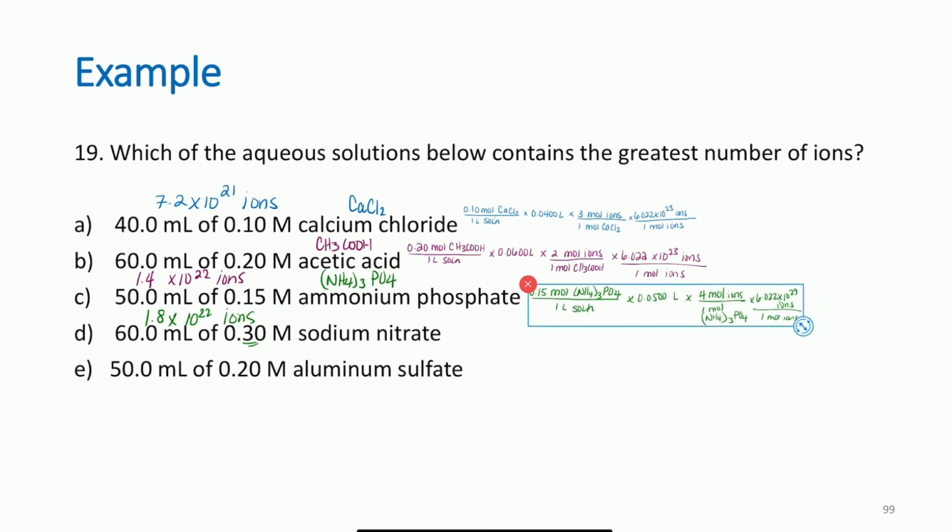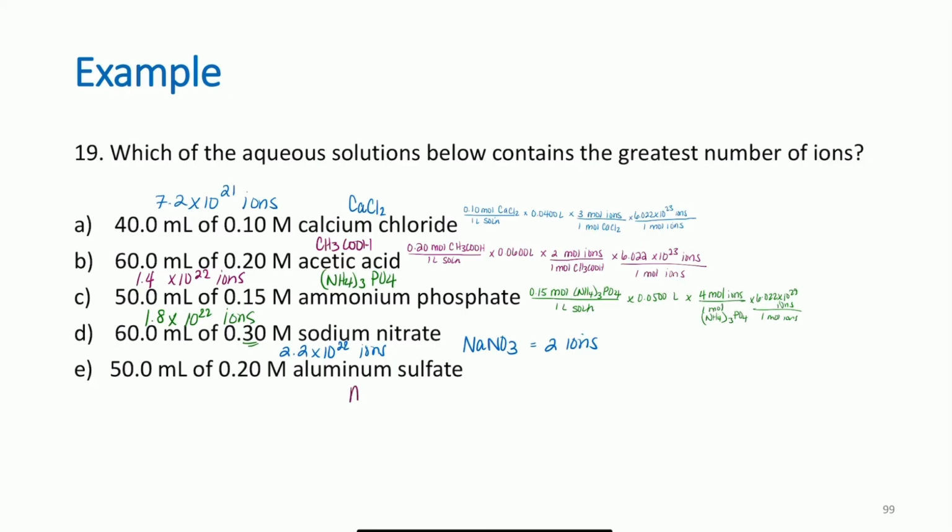I'm not going to write out all the work for the other two, but I will write out how we get there. So sodium nitrate, NaNO3, gives me 2 ions. And the answer for this one was 2.2 times 10 to the 22nd ions.